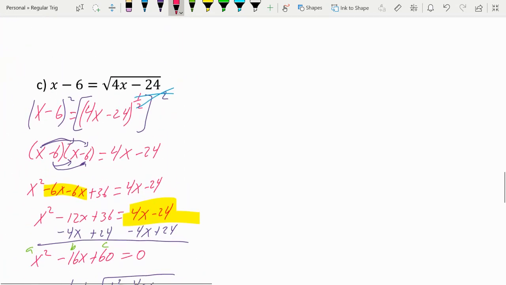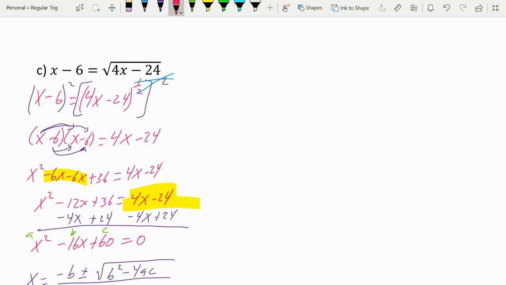All right, let's check. Let's make sure if anything's extraneous. So x equaled 10 and x equaled 6. Okay? So just like the last problem, we're going to check. So x minus 6 is equal to the square root of 4x minus 24. Remember, wherever I see x, I'm plugging in one of those numbers.